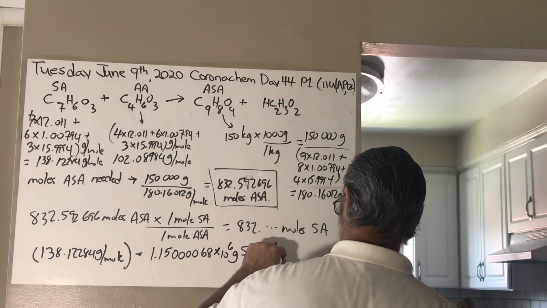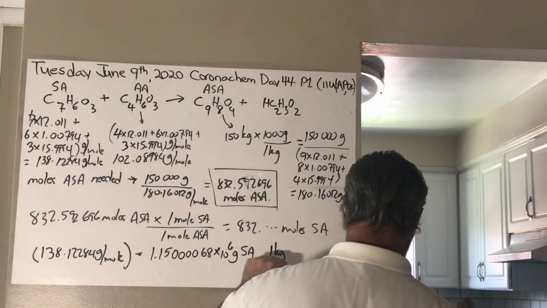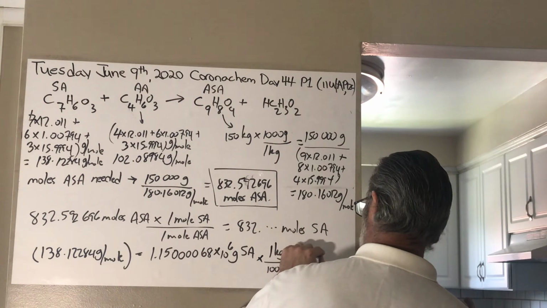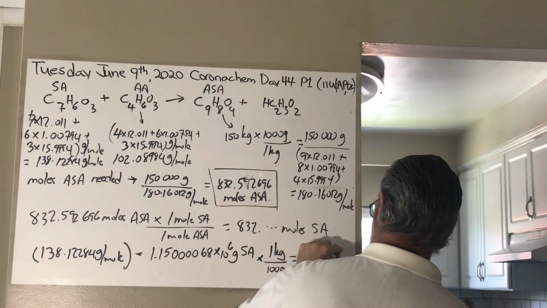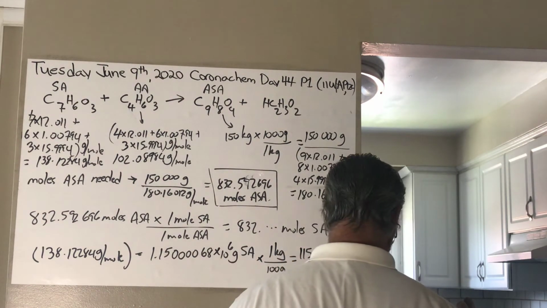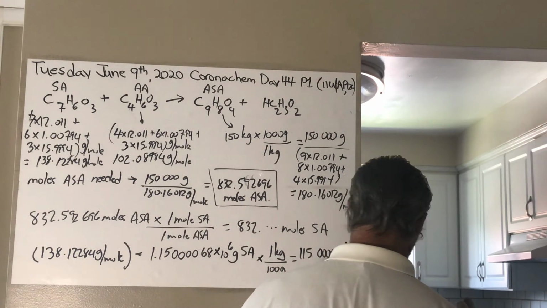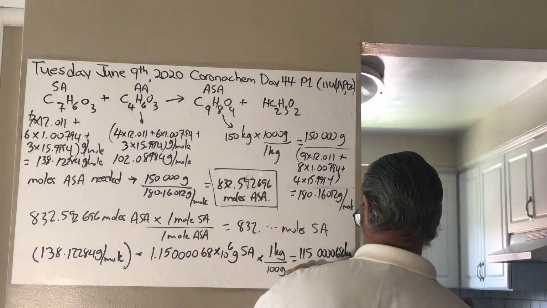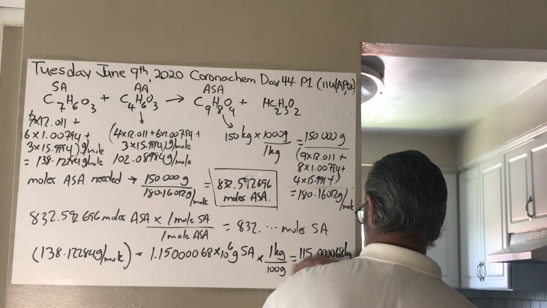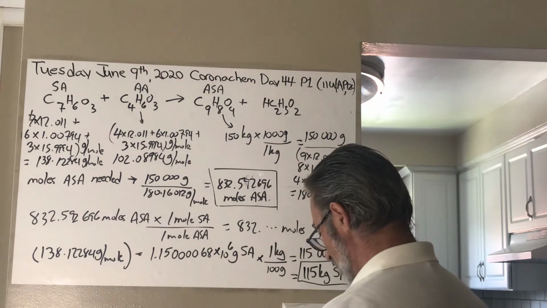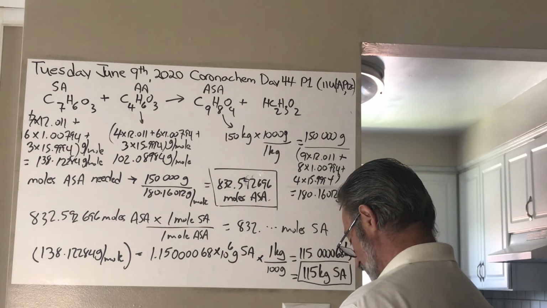There is 1 kilogram for every 1,000 grams, and therefore you're going to have 115.000068 kilograms, and then of course when you report it to the proper number of significant figures, you can have 115 kilograms of SA. So you need 115 kilograms of salicylic acid to generate 150 kilograms of ASA.